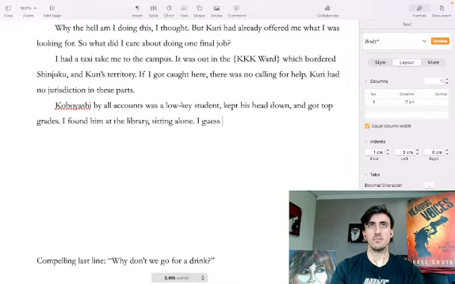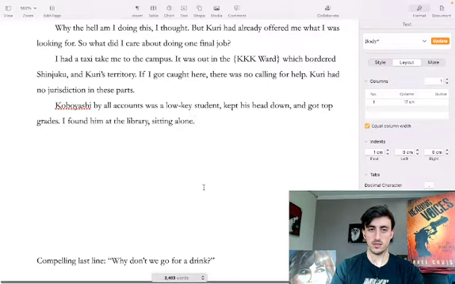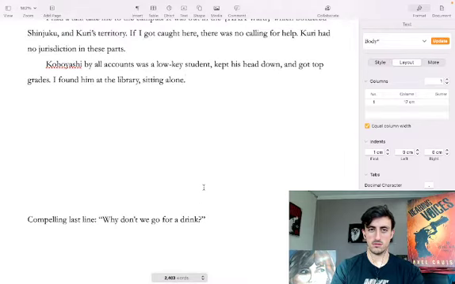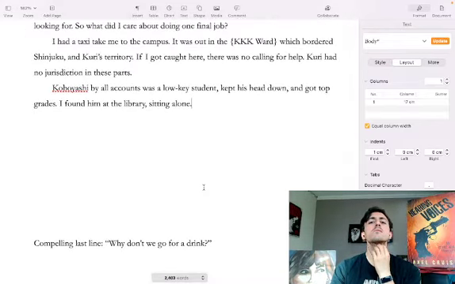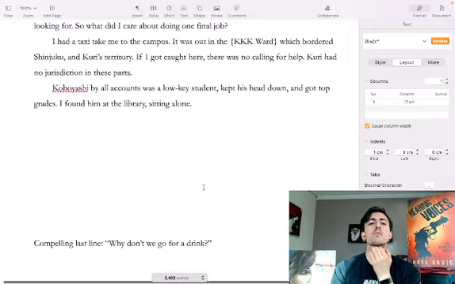The question, yeah, there's something here about he gets top grades, but maybe that's only because the teachers are afraid of giving him a lower grade, lest his father come down and slaughter them. So Kobayashi was a low-key student, kept his head down and got top grades. Found him at the library sitting alone.